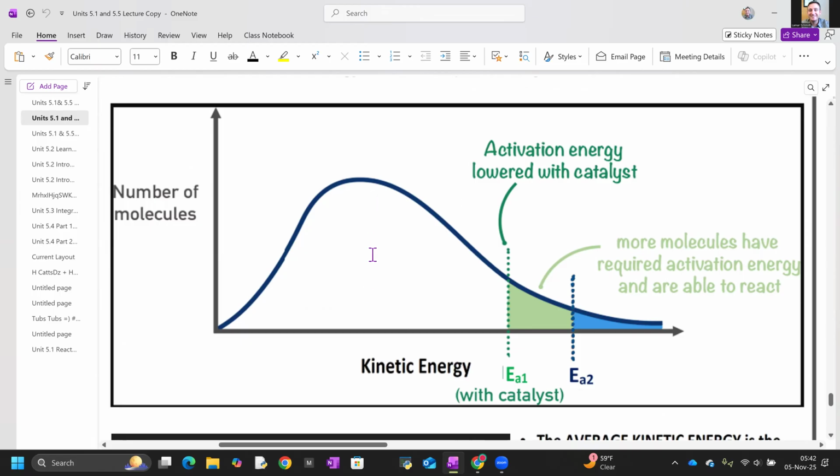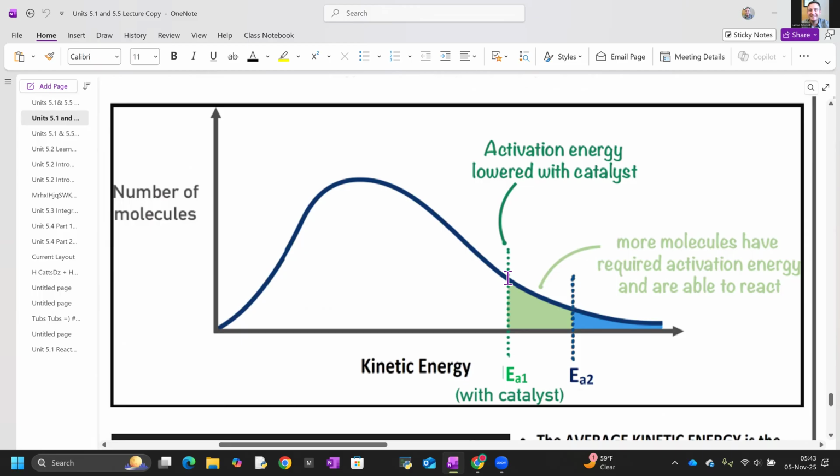And so we can see the temperature remains constant, but now instead of having an activation energy way over here at high energy, we have an activation energy that is lower. And so when we have an activation energy that is lower, the reaction can take place here. Why? Because of the presence of a catalyst, it lowers the energy of activation.